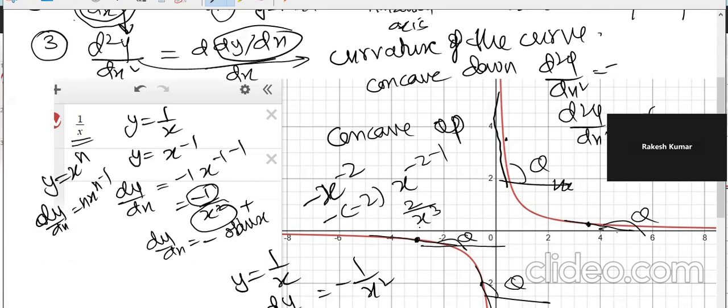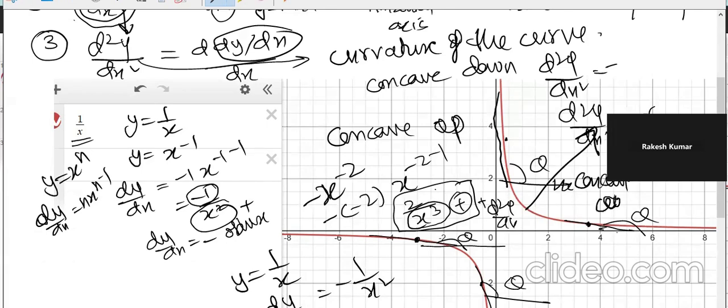Now, what do I notice? If x is positive, the second order derivative will become positive. That means it will be concave up. That's why in the positive part, it's concave up. And in the negative part, if you take x as minus 1, this will become negative. That's why it is concave down.